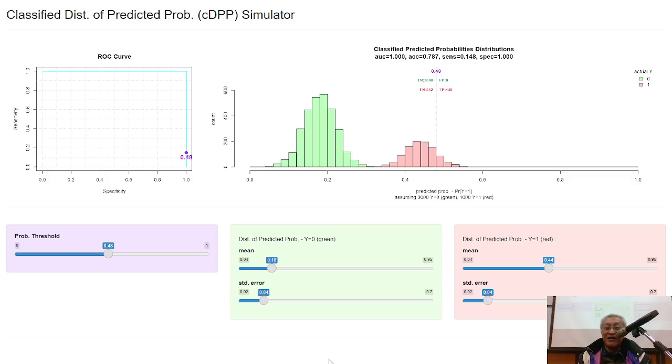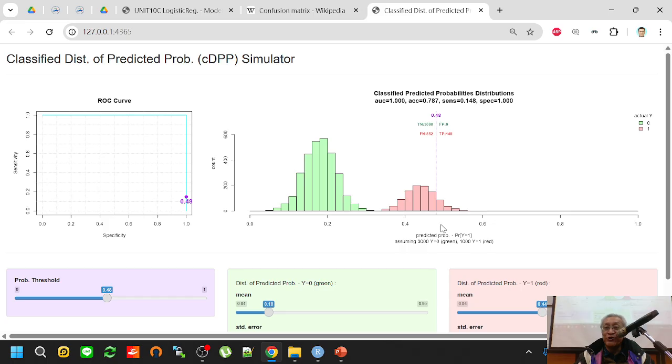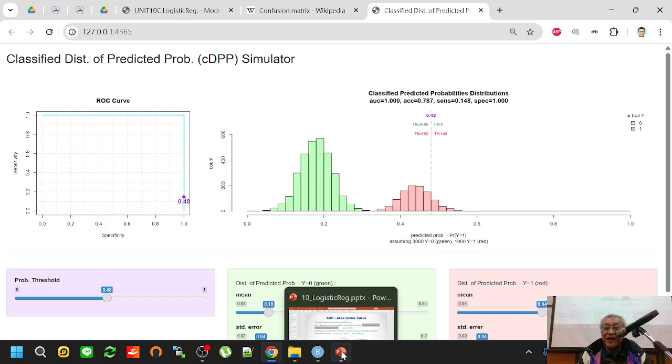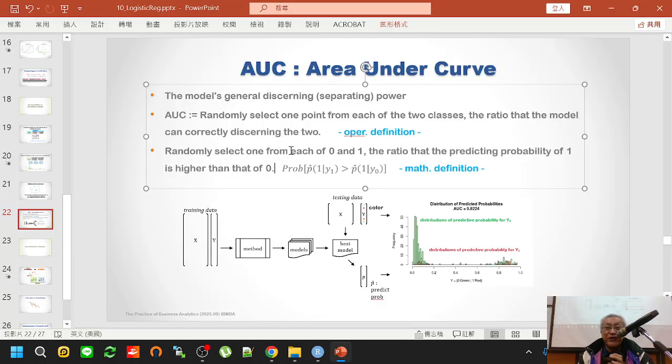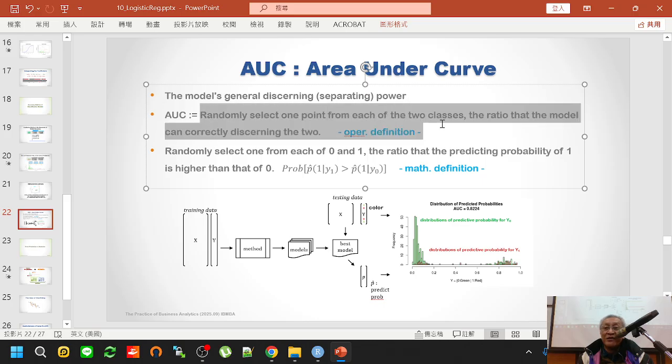I told you that this AUC has a very important implication. It indicates that when I randomly select one point from each of the two classes, it is the ratio that the model can correctly discern the two.